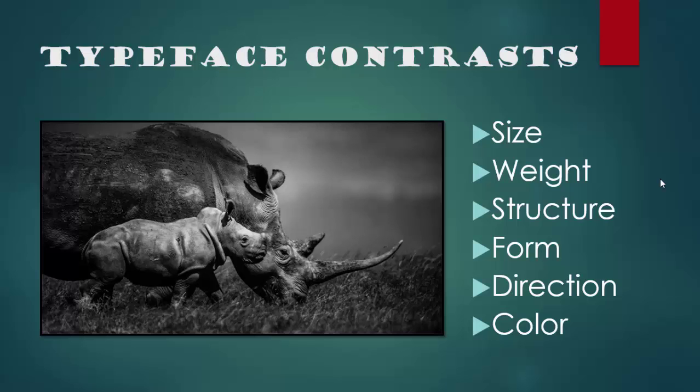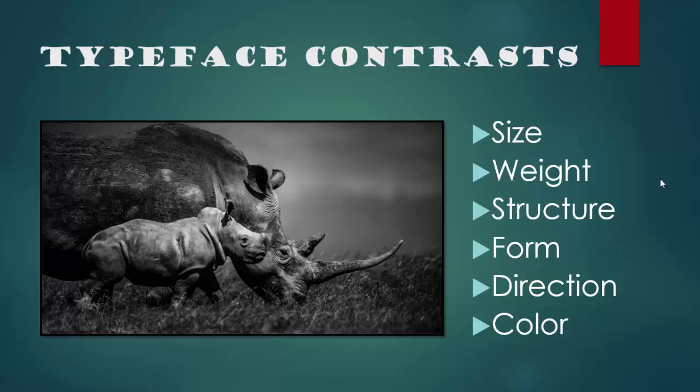Remember that when we talked about having multiple typefaces or basically fonts on a page, that introduced a relationship between those different fonts, and that relationship could be concordant, conflicting, or contrasting, and you want to stay away from a conflicting relationship. So how do you create contrast with typefaces?